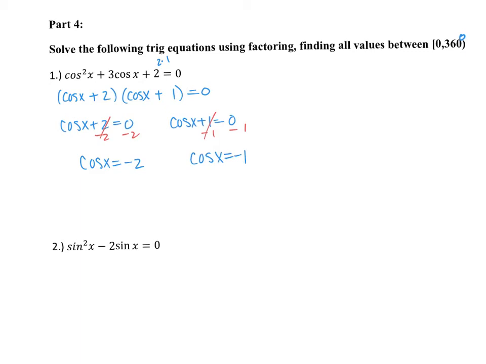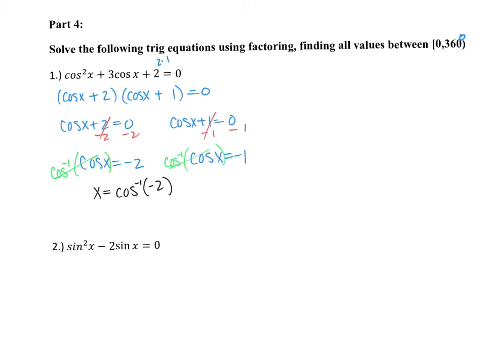So if I were to plug this into the calculator, I would have to do inverse cosine and cancel this part out. So x comes down, and I have to plug in inverse cosine of negative 2. And I would do the inverse cosine on this side.